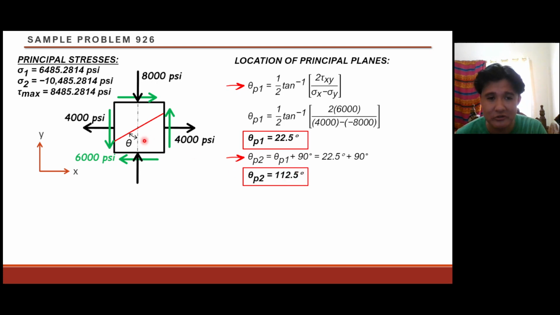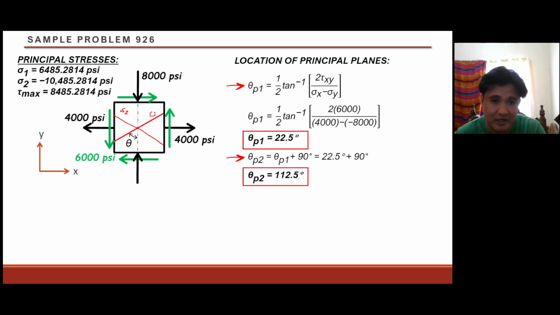Okay? And again, yung rotation niya ay from the vertical face of the stress element. So from this, iikot siya hanggang ma-reach niya yung 112.5 degrees. So yung magiging itsura ng plane natin ay para magiging ganito na siya. Diyan natin makikita yung principal stress 2.